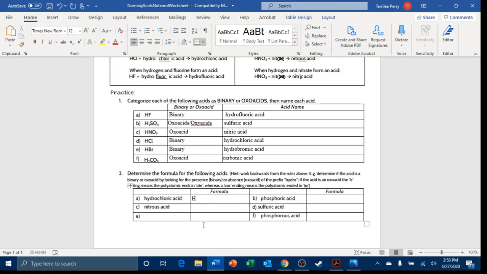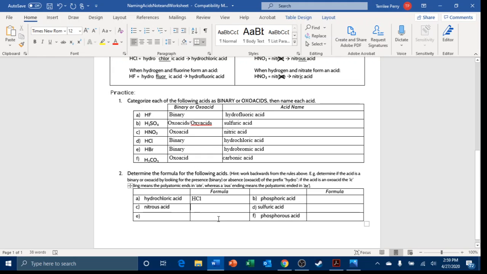So we're going to put an H right there. And chloric is the same thing as chlorine, so it's going to be HCl. Now, I don't see any other binaries. The rest of them are oxoacids.